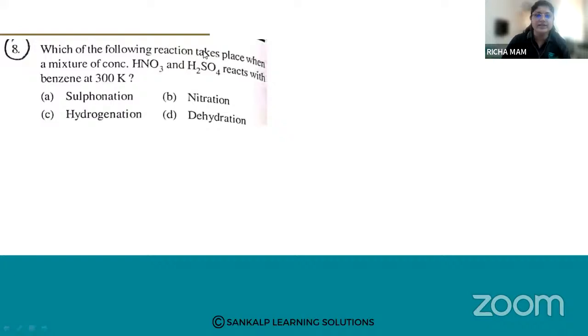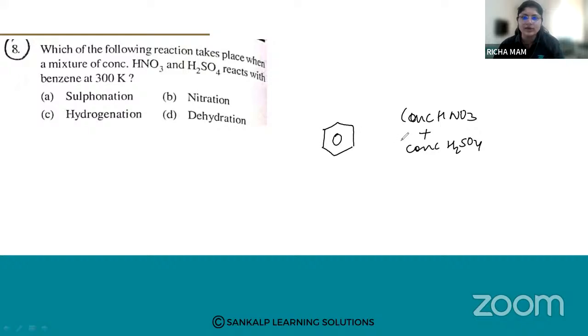Which one of the following reactions takes place when a mixture of concentrated HNO3 and concentrated H2SO4 reacts with benzene at 300 Kelvin?